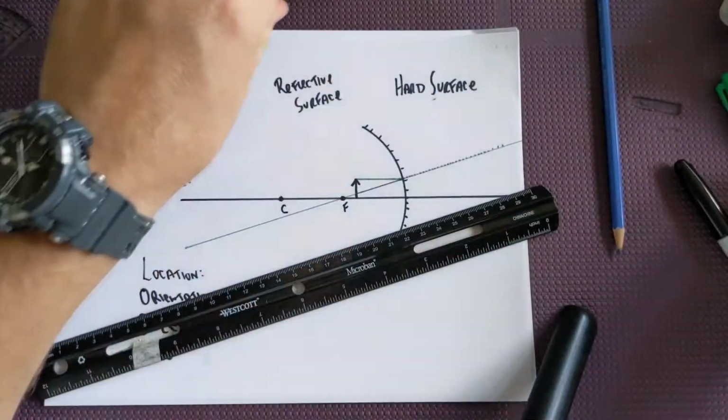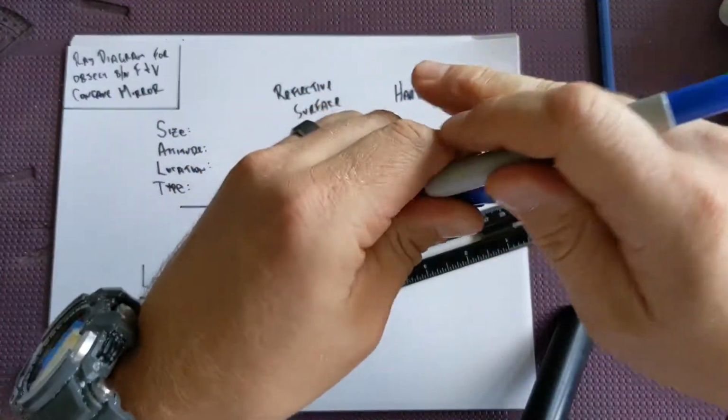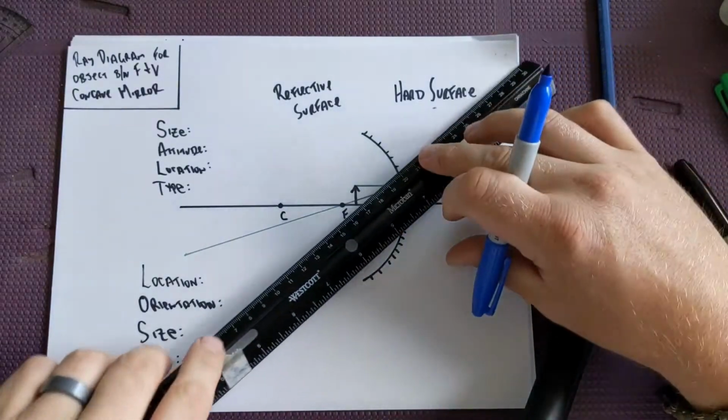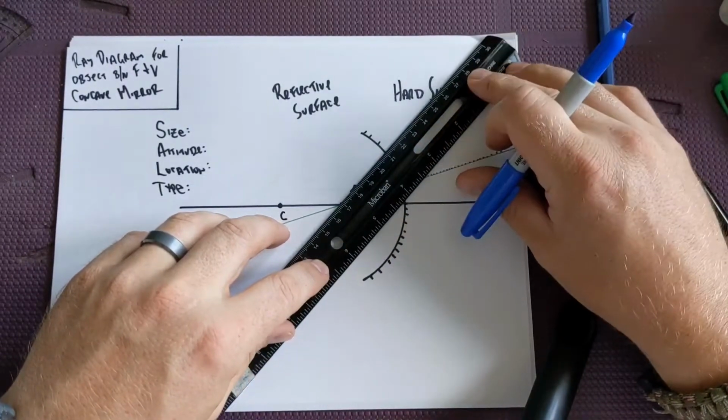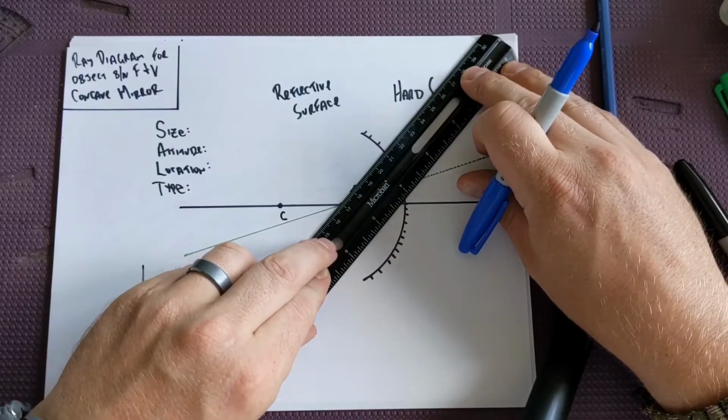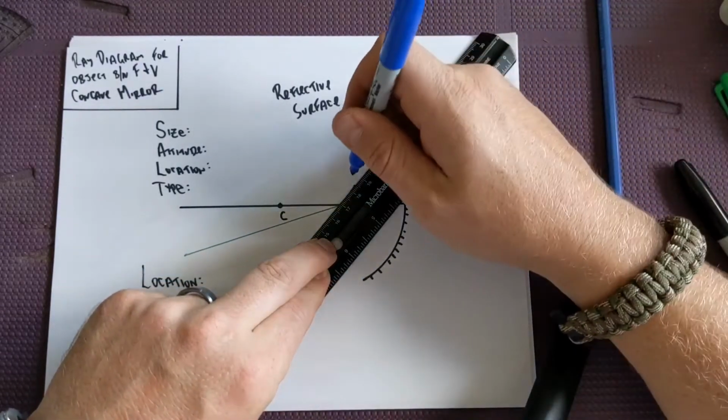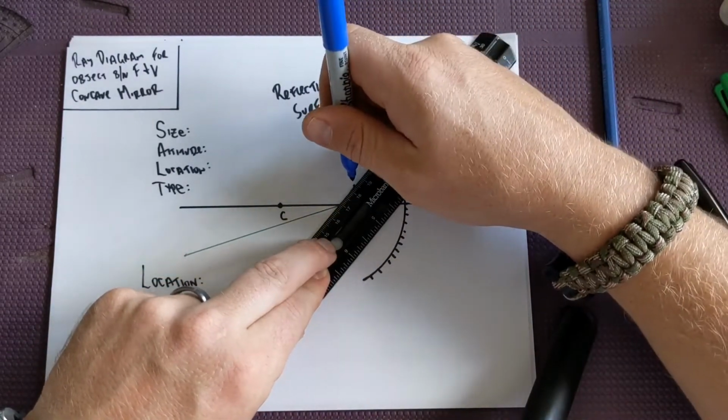Next, we're going to have a ray traveling through the focal point, from the top of the object to the mirror.